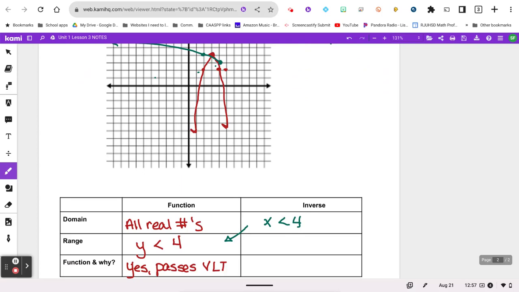So it's going to be all the y values greater than 3, because we did go up from there. And this one is a function because we are limiting the graph to be only the top part. All right, good luck on this.